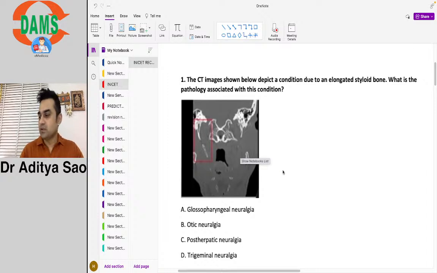The question asked is: the CT image shown below depicts a condition due to an elongated styloid bone. So we know that it's Eagle syndrome. Now, what is the pathology associated with this condition?